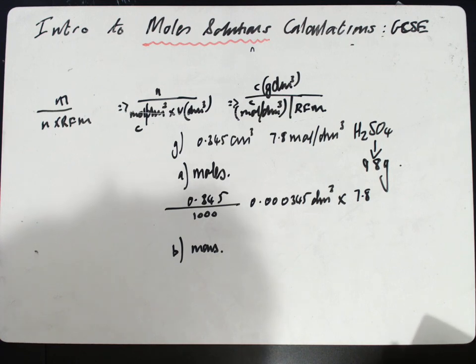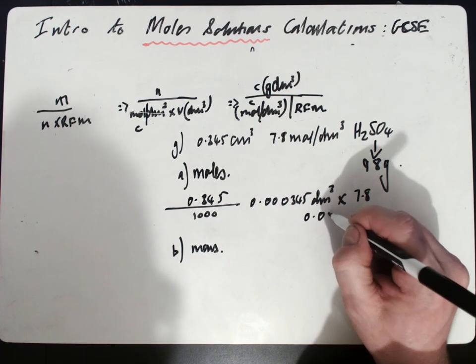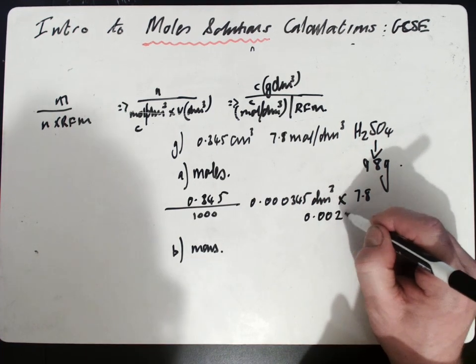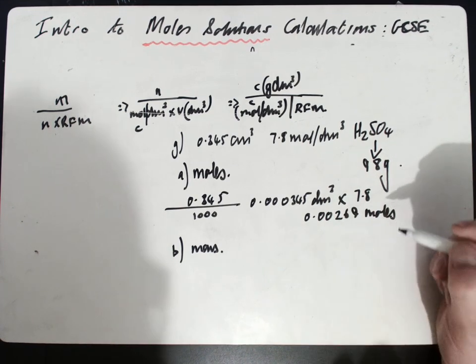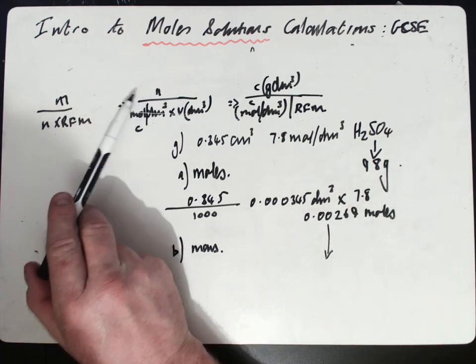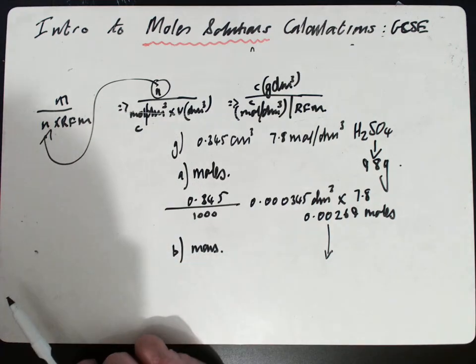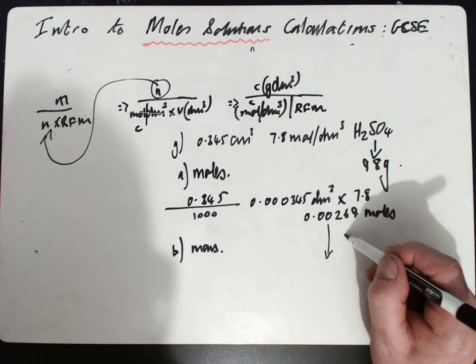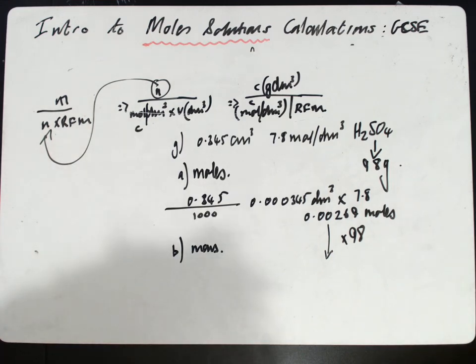And that gives us an answer of 0.00269, and that is of course moles. The next thing we're into is mass. So we've now got moles. We can take our moles, pop them into this equation and multiply them by the RFM, which is of course 98.